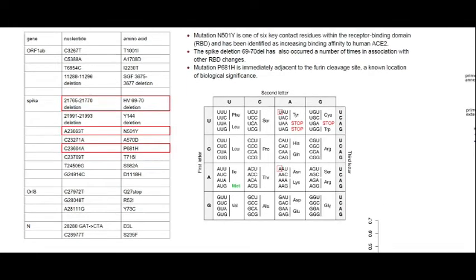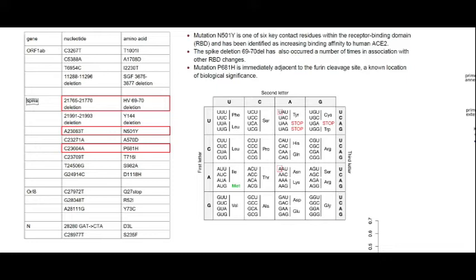They are found most often, but the ones they seem to be most worried about are these ones I have circled in red here. They all take place in the spike protein. If you've watched other videos I've made about SARS-CoV-2, we know that the spike protein is what allows the virus to bind to the human ACE2 receptor in the lungs and gain access into the cells.